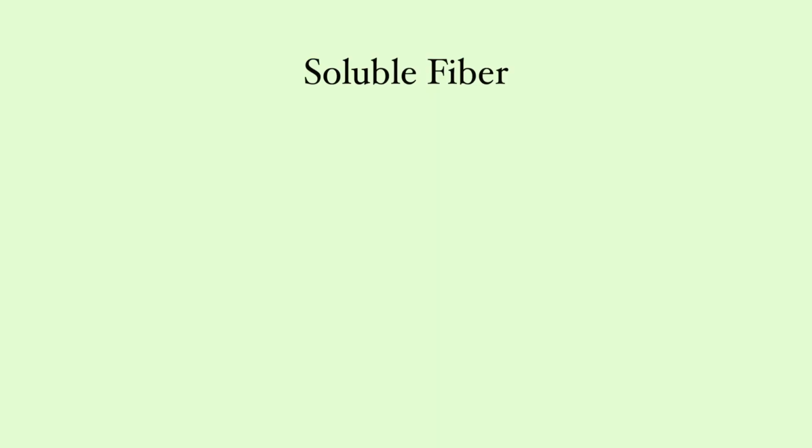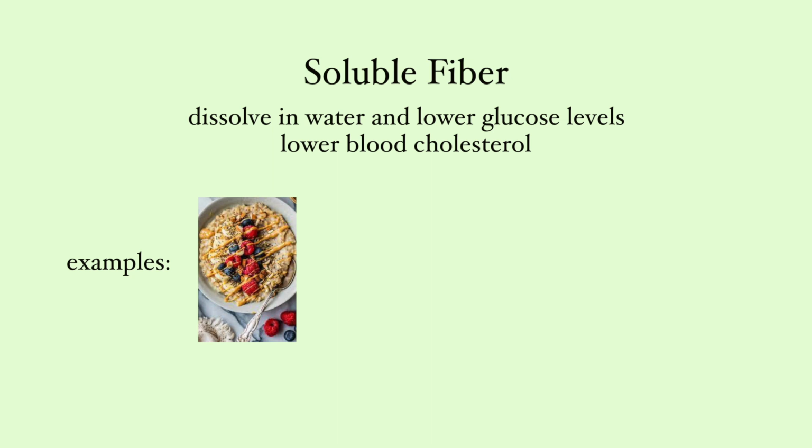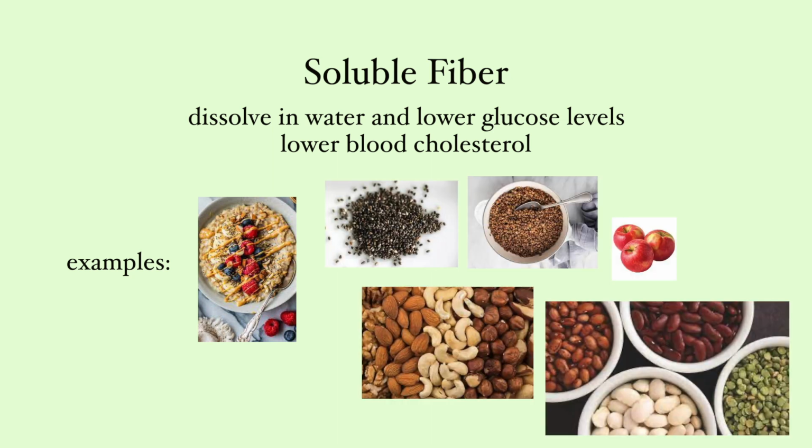But before that, let's talk about two different types of fibers, soluble and insoluble. Soluble fibers dissolve in water and can help lower glucose levels, as well as lower blood cholesterol. Some examples include oatmeal, chia seeds, nuts, beans, lentils, apples, and blueberries.